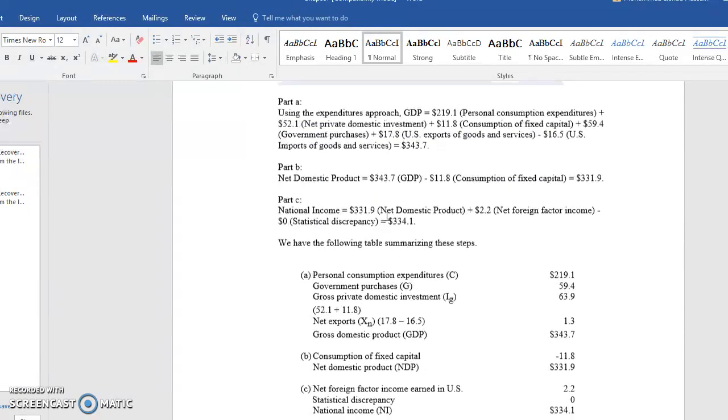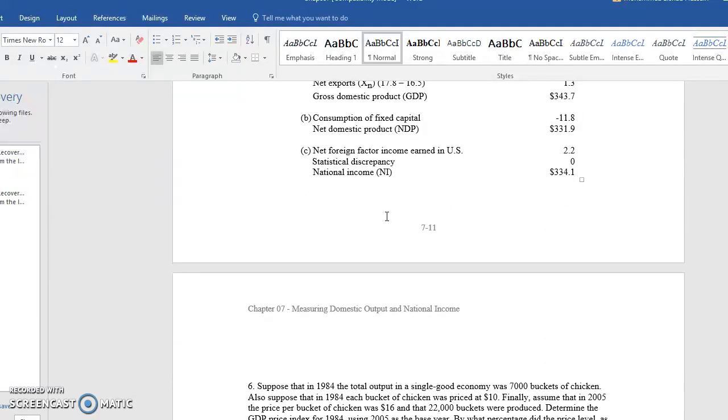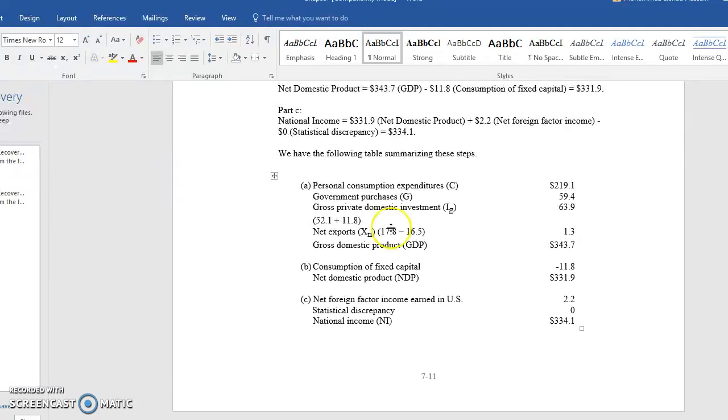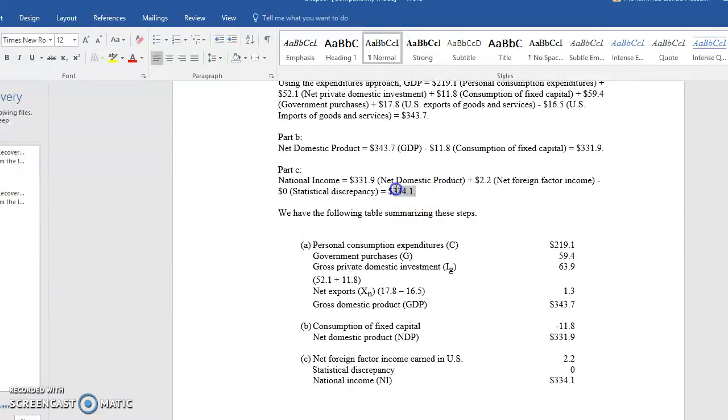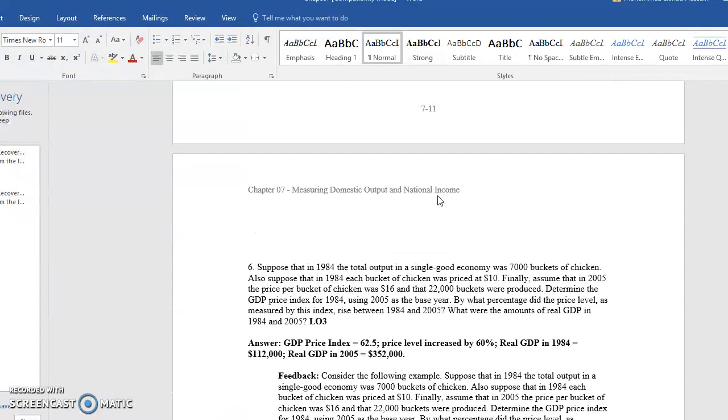So when we make those calculations, national income is 334.1 billion for this country. So this is the answer for question number 5.